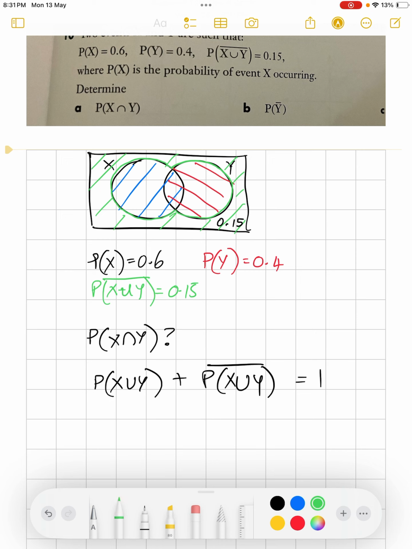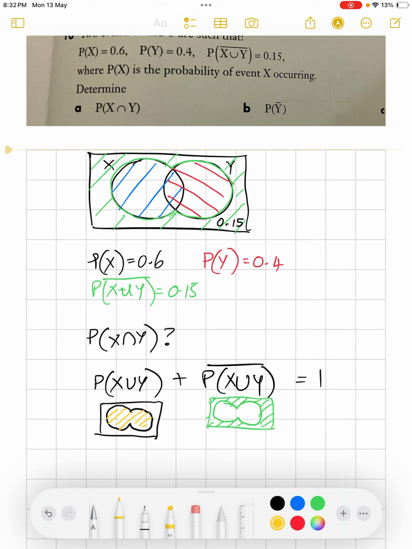Now, this is the green part that I'm talking about. That's the green part. Therefore, the yellow part is everything inside X and Y. That's the yellow part, the probability of X union Y. X union Y is when you join X and Y together.